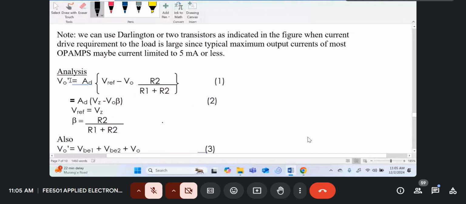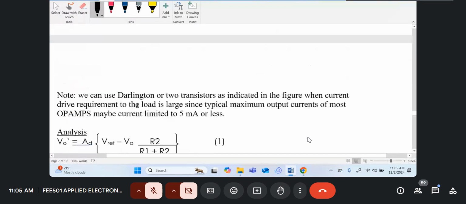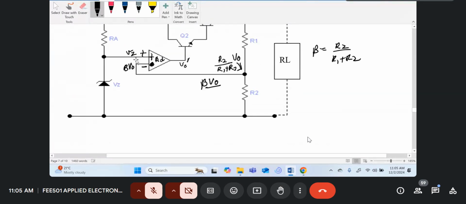So V naught dash will be equal to AD times Vref minus V naught times R2 over R1 plus R2, or simply put, AD times Vz minus V naught times beta. So that is just what I was saying over here. You have Vz on the positive side, beta V naught on the negative side.